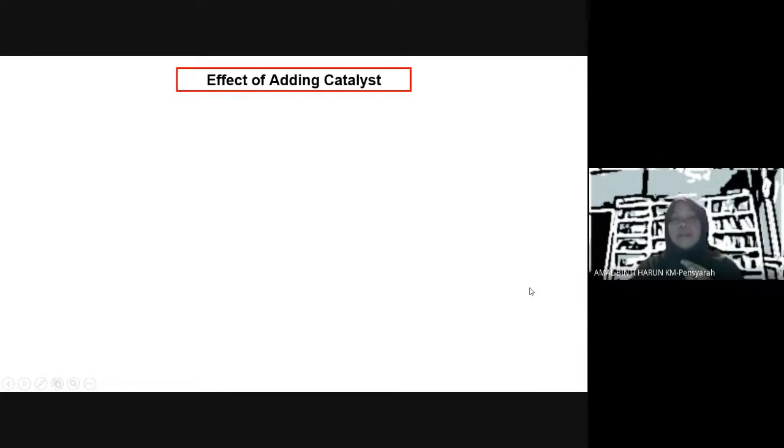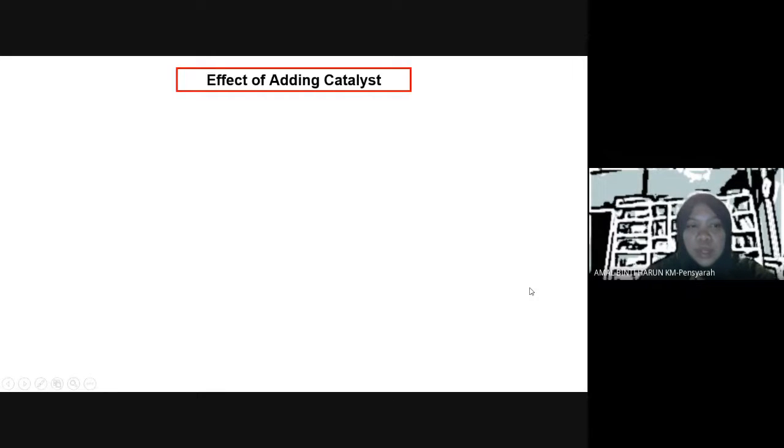Last sekali yang paling senang adalah adding of catalyst. If we add catalyst, adding catalyst does not affect the equilibrium shift, but adding catalyst will affect the value of K. Okay, kita tengok dia punya explanation. Catalyst is a substance that increase the rate of chemical reaction, bla bla bla.